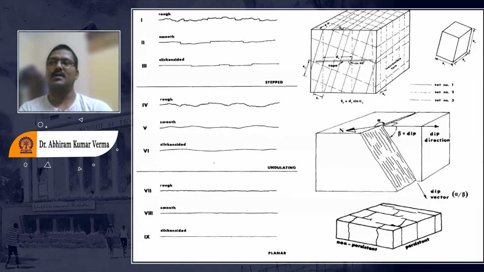You will see that the effect on the rock mass depends upon the direction also. Like if the roughness is defined like this, with an upper surface and a lower surface, and I try to slide in this direction from left to right, the resistance will be something else.